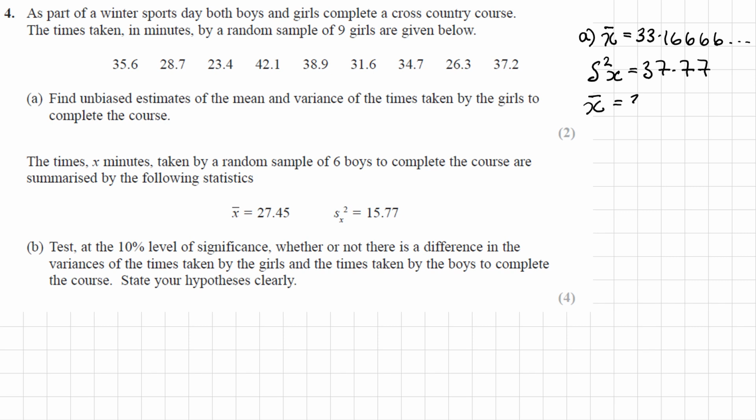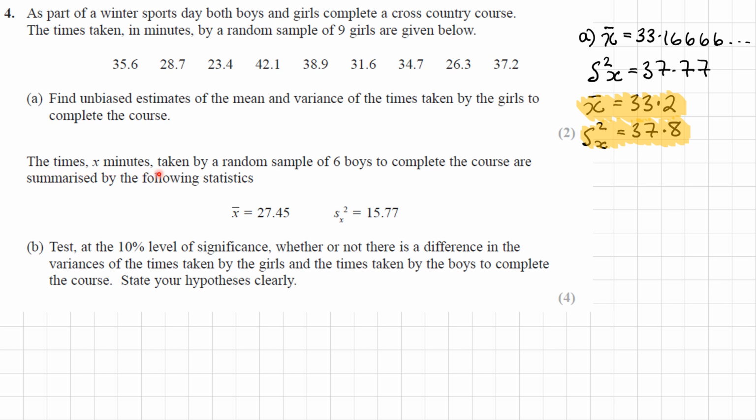So I'll get 33.2 for my mean, and I will get for my variance 37.8. So it is perfectly acceptable on this type of question to use your calculator to calculate these values.